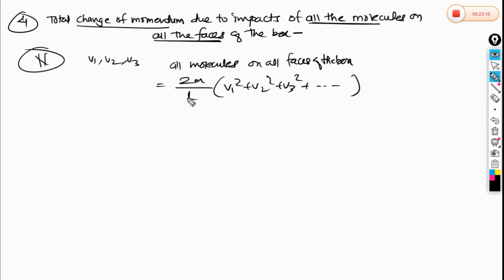Multiplying and dividing by n on this equation, we will get the total change of momentum.